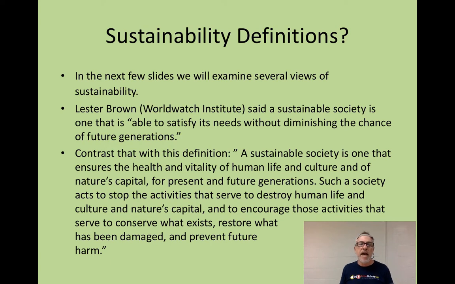Such a society acts to stop the activities that serve to destroy human life and culture and nature's capital, and to encourage those activities that serve to conserve what exists, restore what has been damaged, and prevent future harm. So there are two things I can see in this definition. What do you see? Take a moment to think about it. Maybe stop the video and think about what's new about this definition.